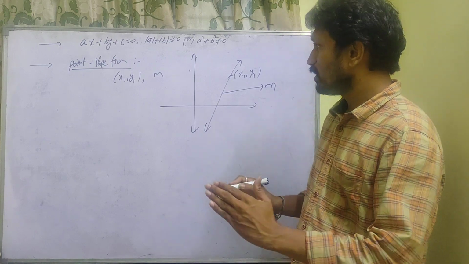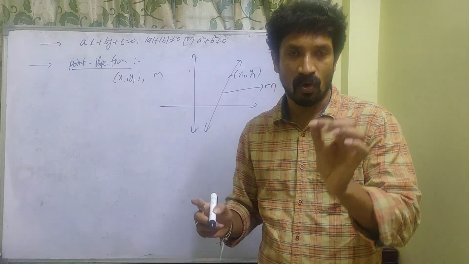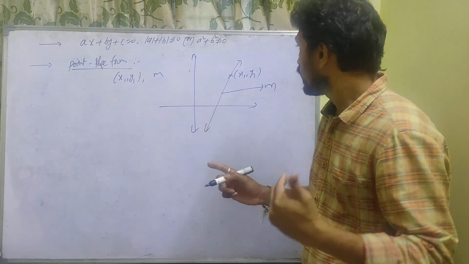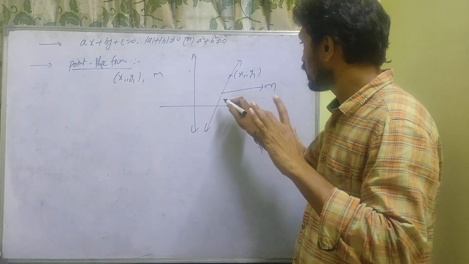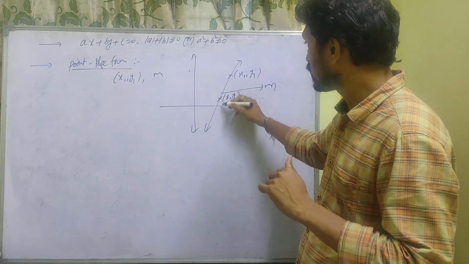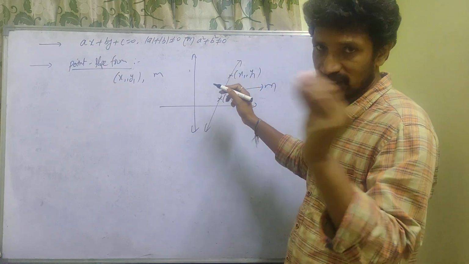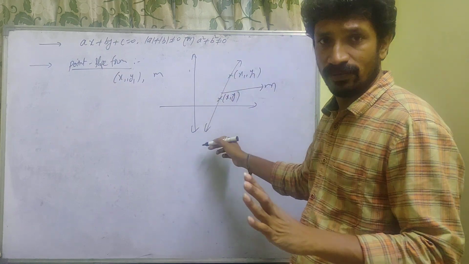To get the equation, whenever you have the point and the slope, you can take any arbitrary point. Let us take some x comma y. This is the variable point. This x comma y will be anywhere. So let us take any one of the points, some x comma y on this line.